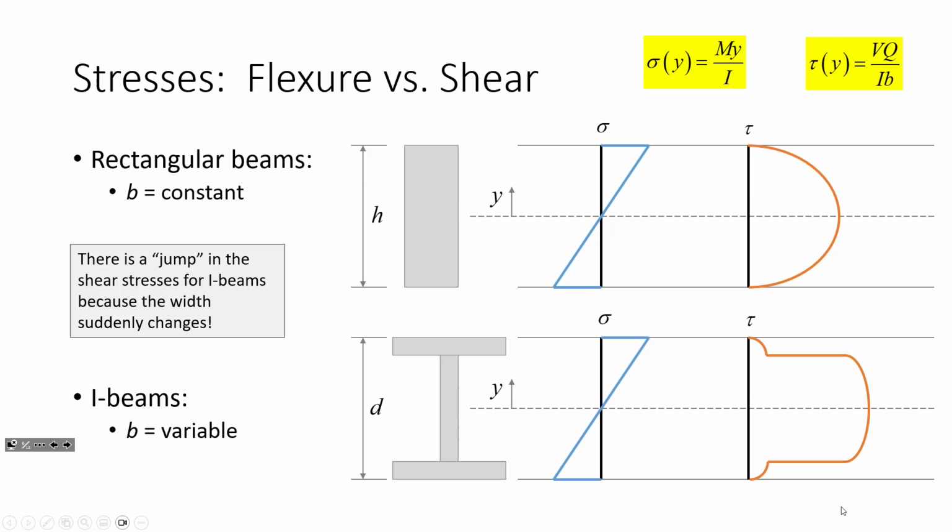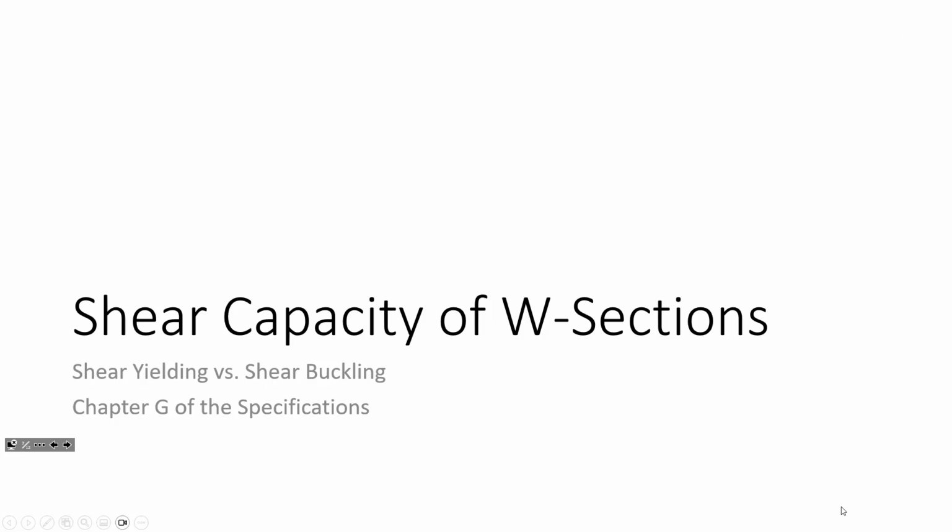So when we look at the specifications regarding shear capacity of W sections, it's going to primarily focus on the web. Does that make sense? That's why when I'm talking about shear capacity of W sections, I'm really going to be talking about the web. That's our main focus.